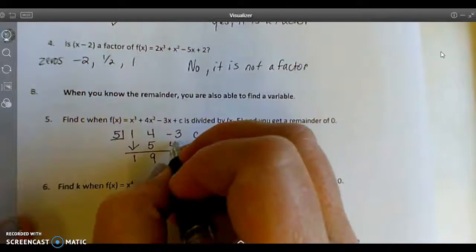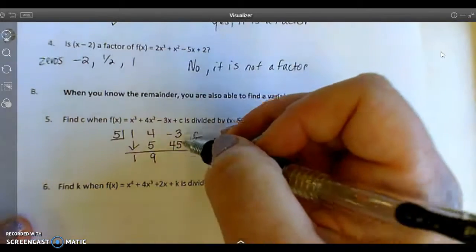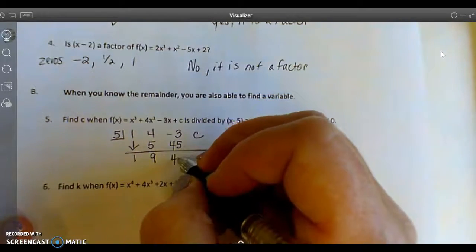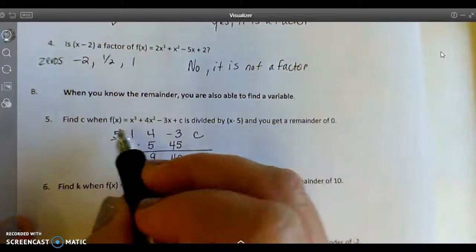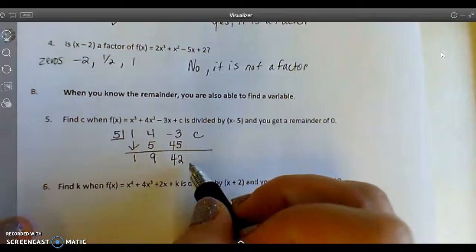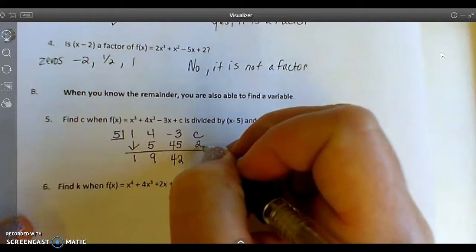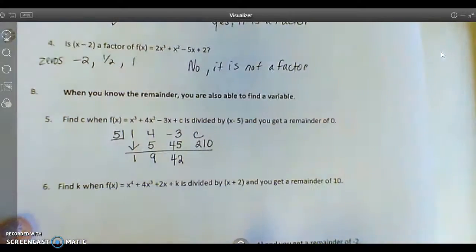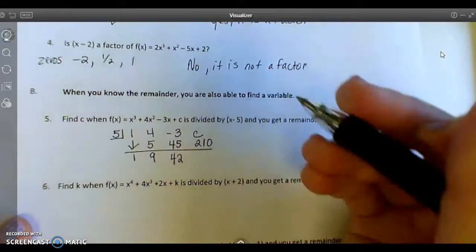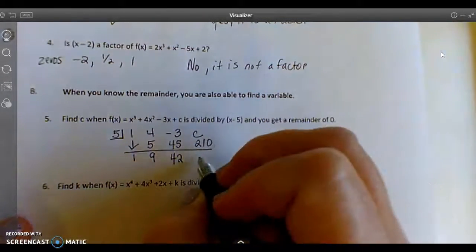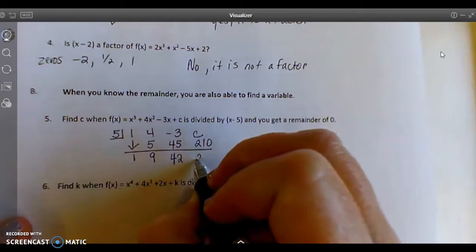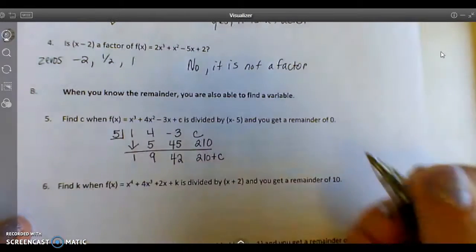Multiply and add. Multiply. I don't know what that equals. 210. And add. Here's the weird part, okay? We're going to take C and 210 and add it together. So 210 plus C.